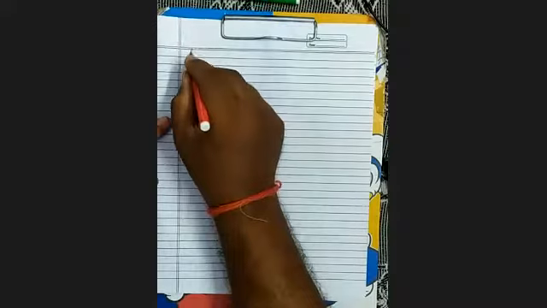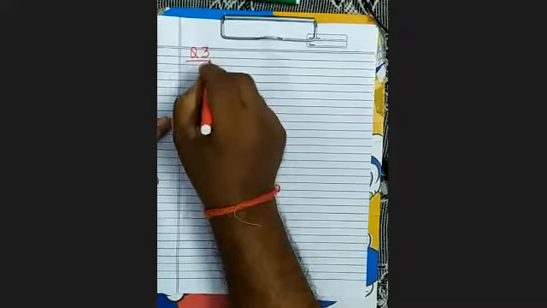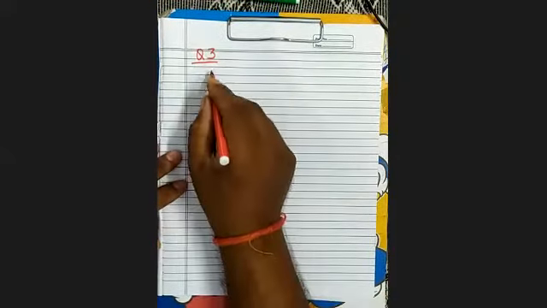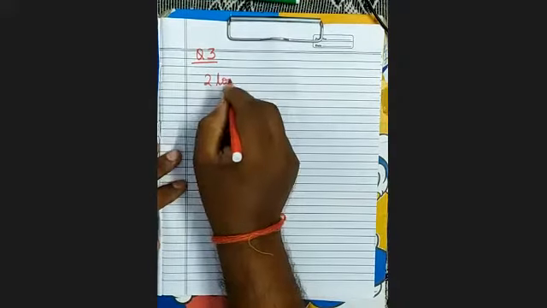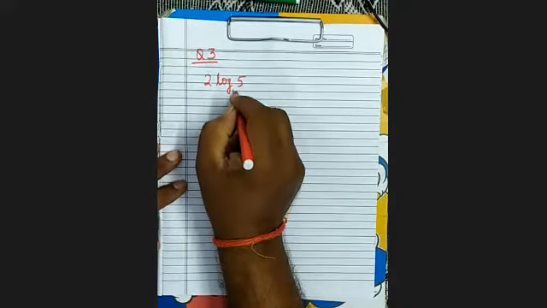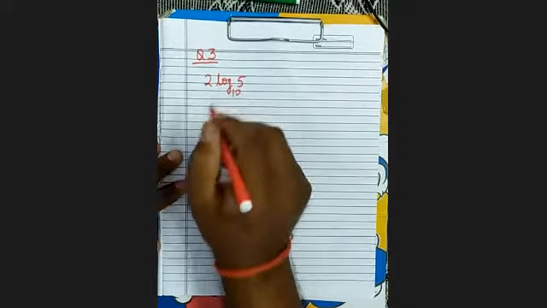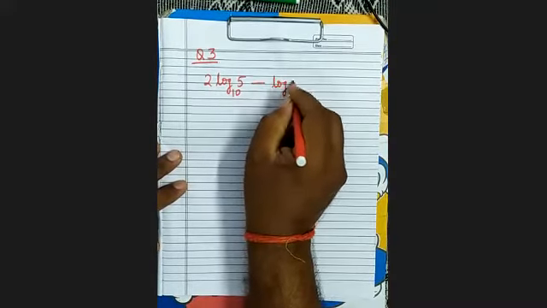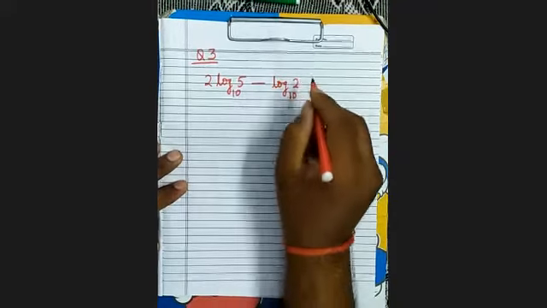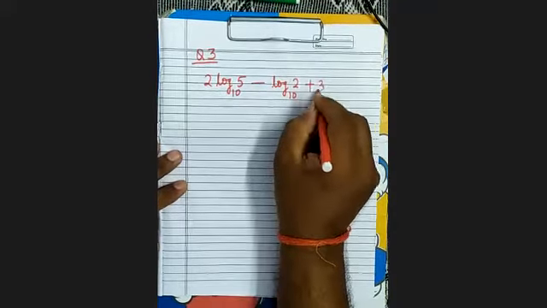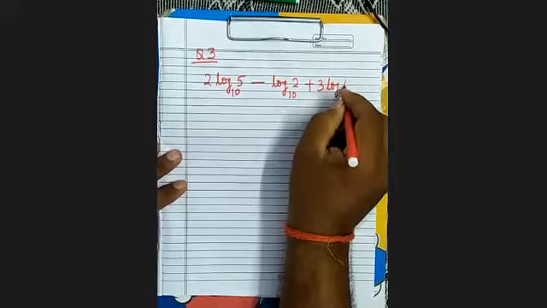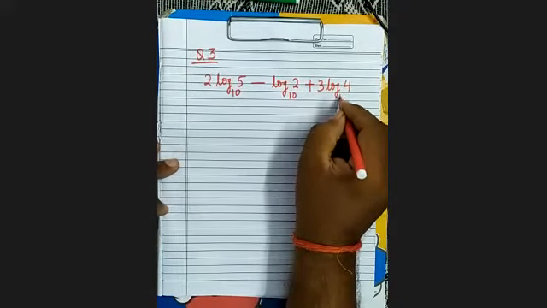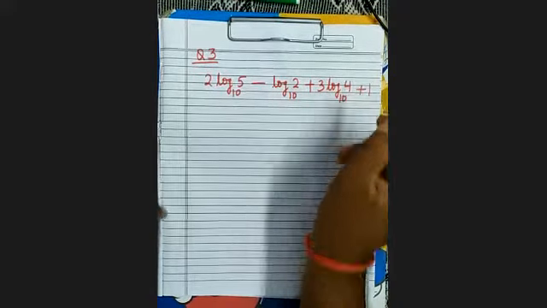Here also you have to express in a single logarithm: 2 log 5 to the base 10 minus log 2 to the base 10 plus 3 log 4 to the base 10 plus 1.